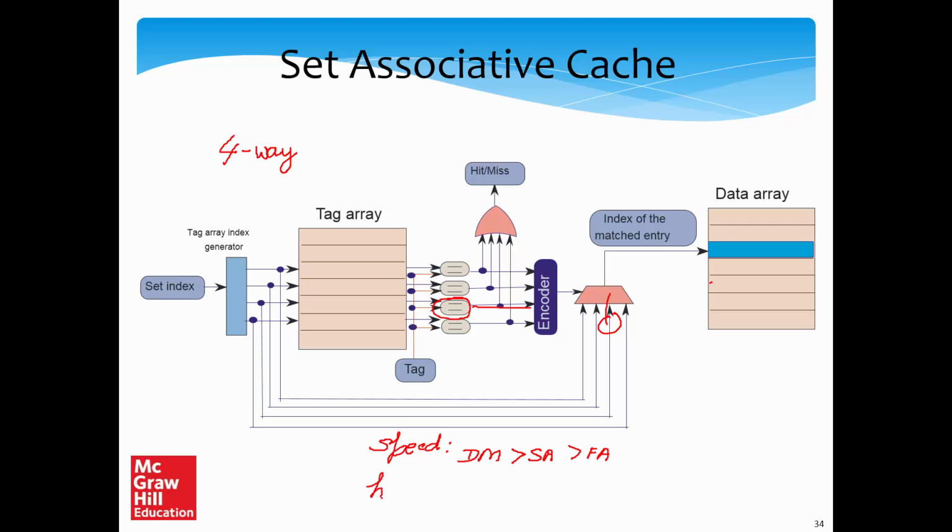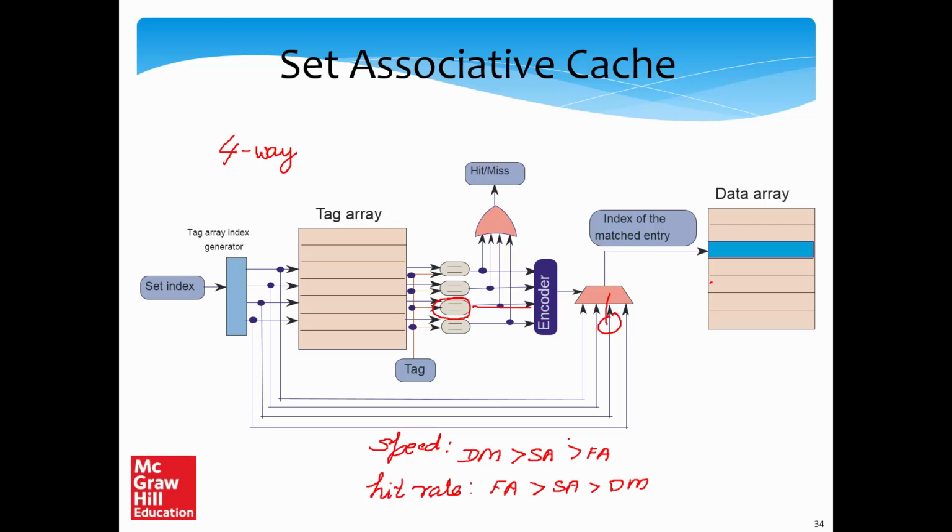Now if you consider the hit rate, we have the maximum amount of flexibility in a fully associative cache. We reduce the flexibility in a set associative cache and we further reduce it in a direct mapped cache.